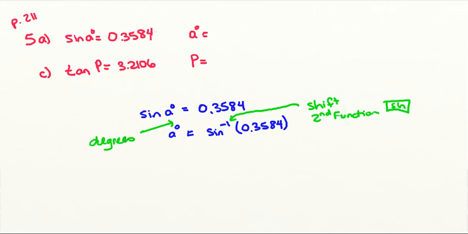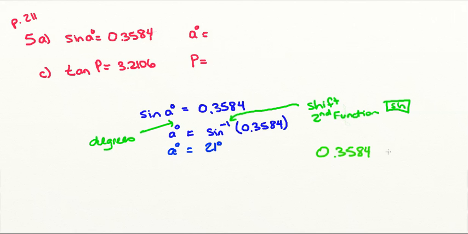So make sure it's in degrees. So A degrees should equal 21. Again, if you're not getting the 21 degrees, double check, make sure your calculator is in degrees. Or perhaps you have to enter it backwards because you have an older calculator.